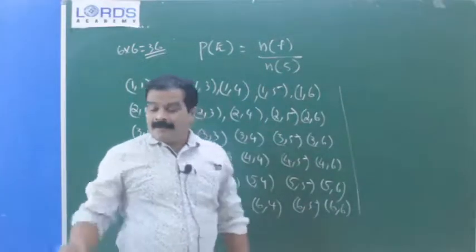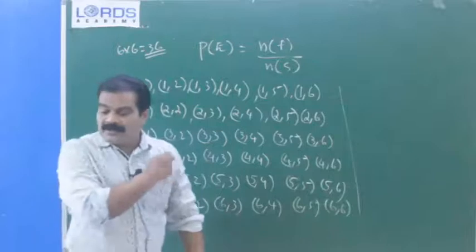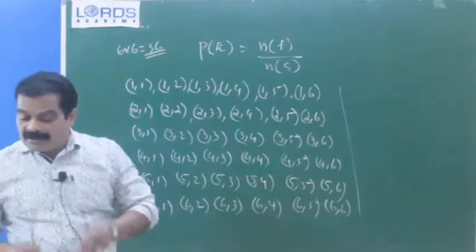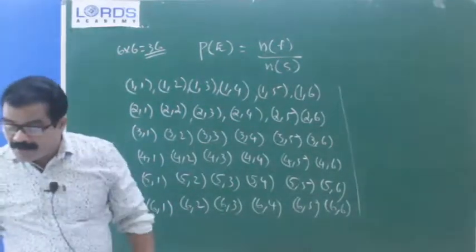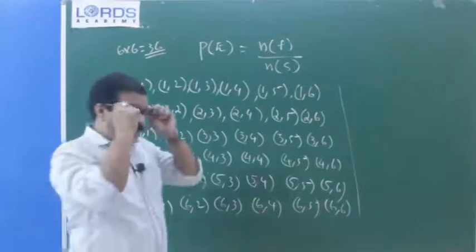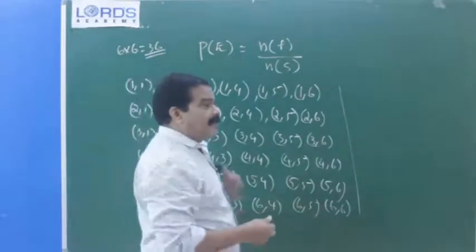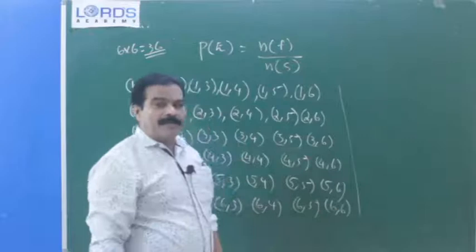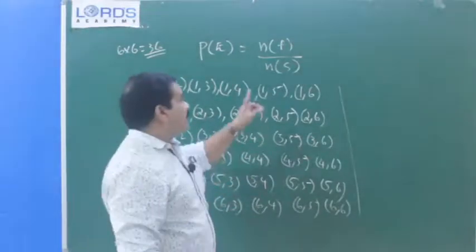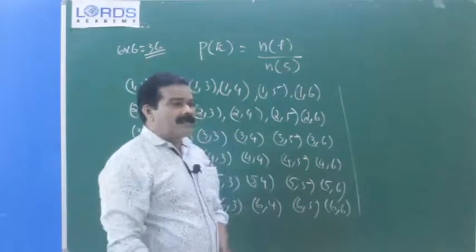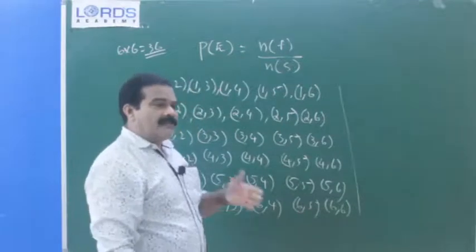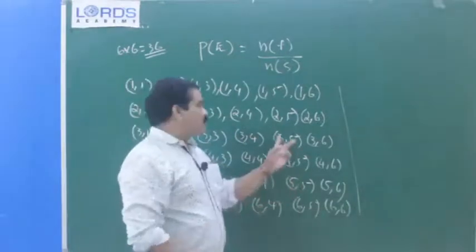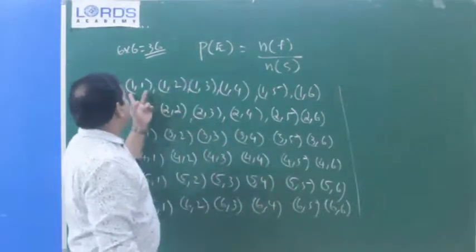First case is you have to find out the probability of getting a total of at least 10. What is the meaning of that? So the minimum should be 10. When you add these two digits, you should get at least 10.